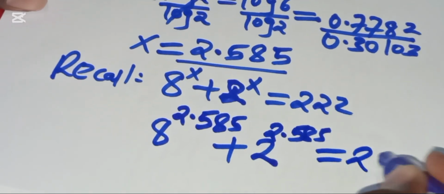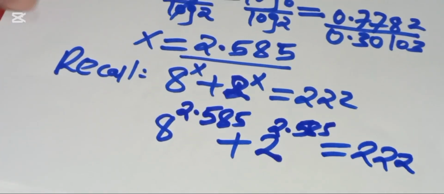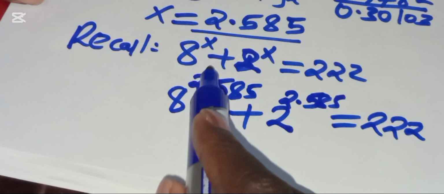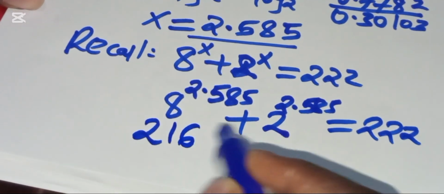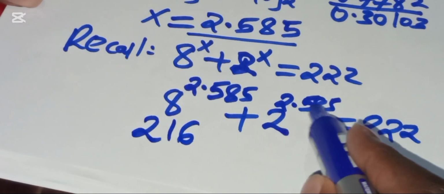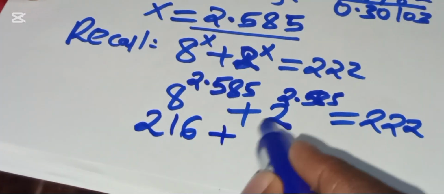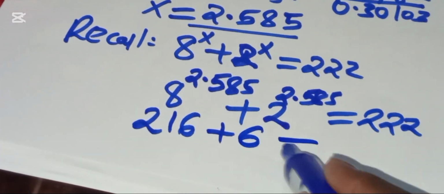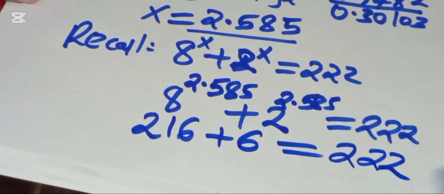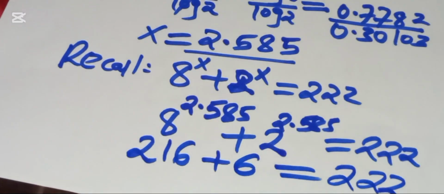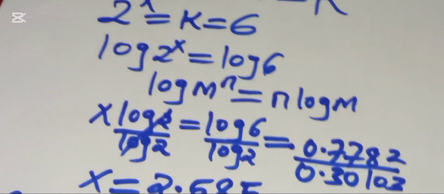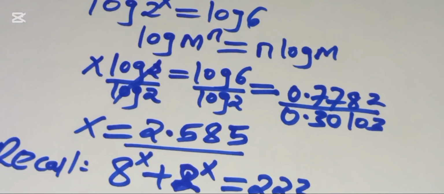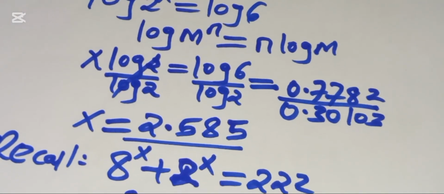This is supposed to give us a value of 222. And it's true that 8 raised to power 2.585 will give us a value of 216. And 2 raised to power 2.585 is going to give us a value of 6. And this is equal to 222. And that verifies that the value of x, which is 2.585, satisfies the equation.